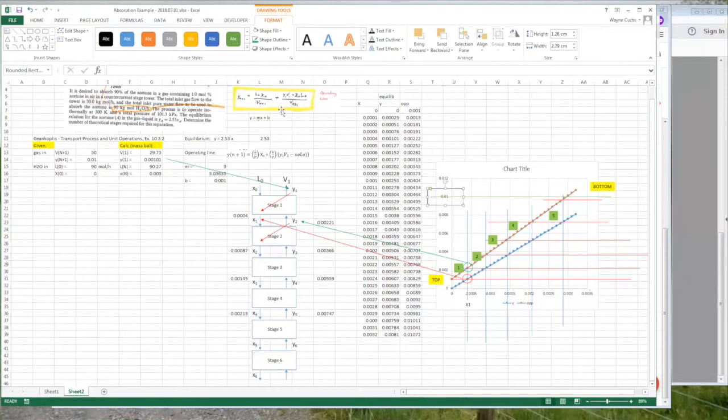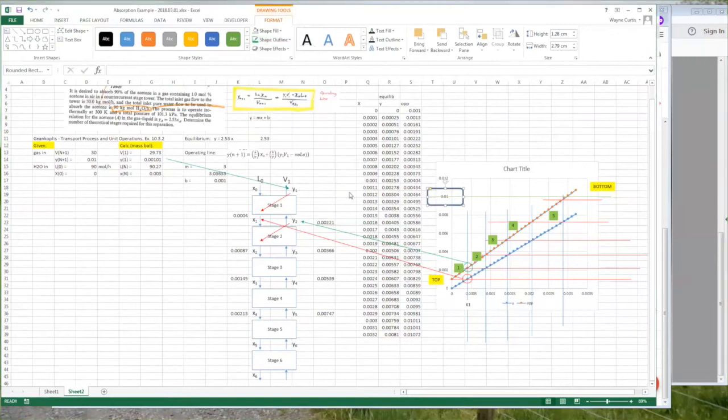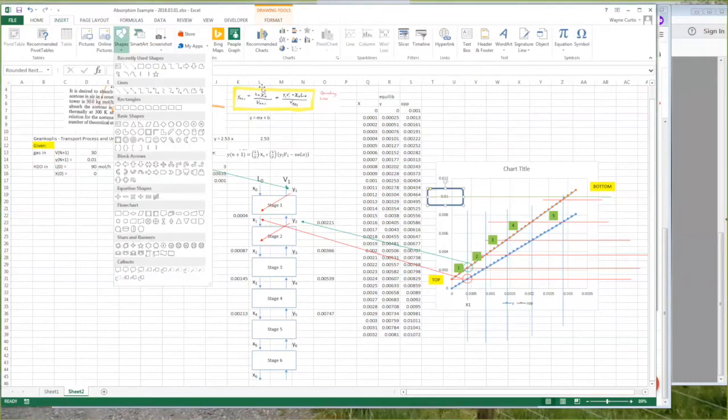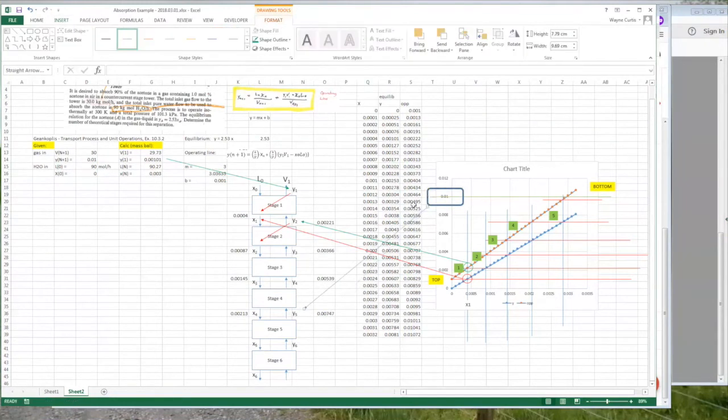I'll make that heavy so you can really see it. This really represents the inlet target goal. And so we're looking for this number to be one of these numbers here.